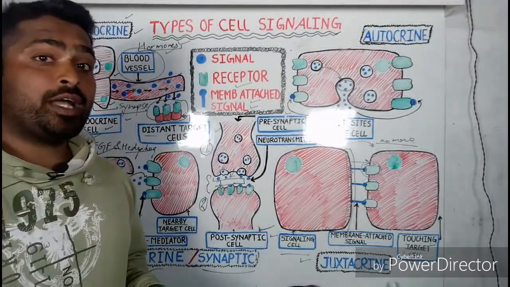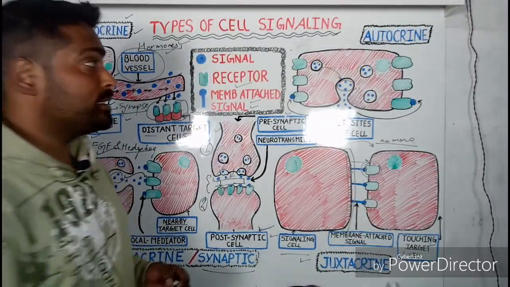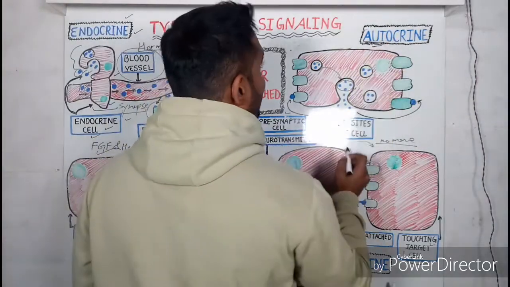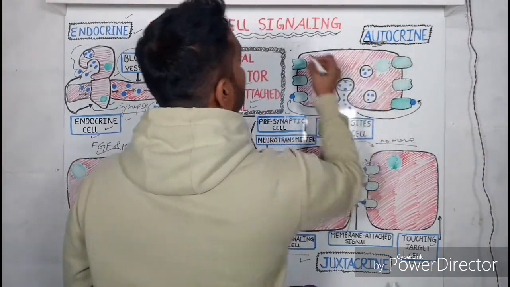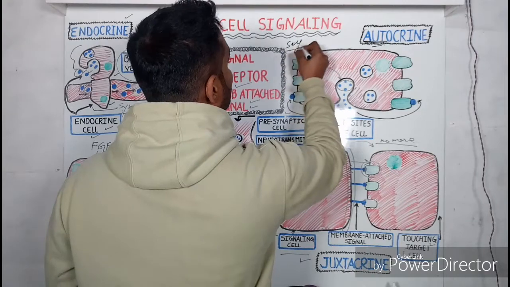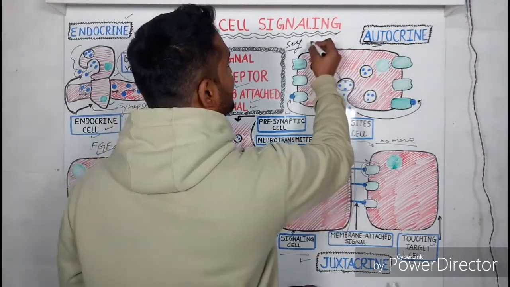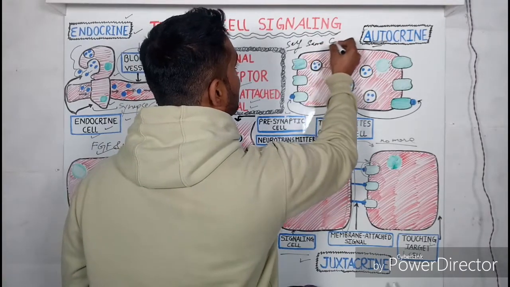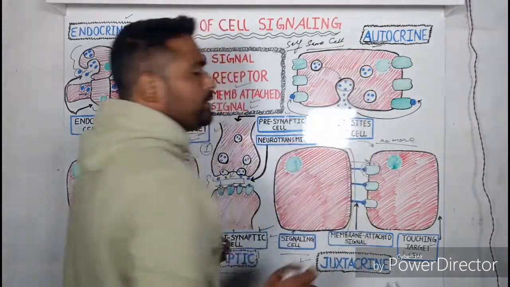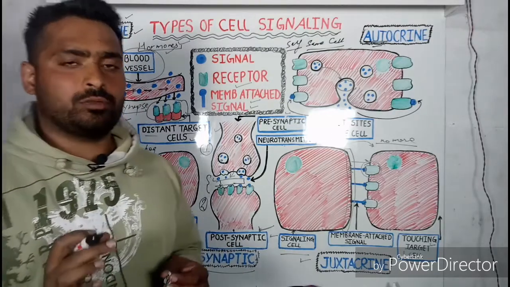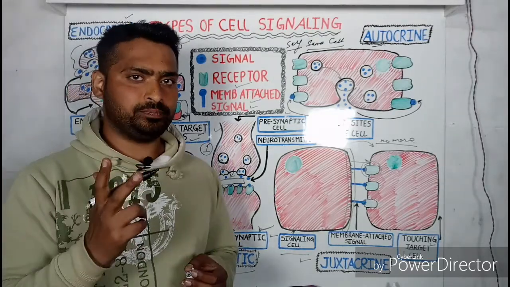Now the next and final type of cell signaling is autocrine. Here auto means self. So signaling here is done on and by the same cell. Normally in cell signaling systems, what we see? Two cells.